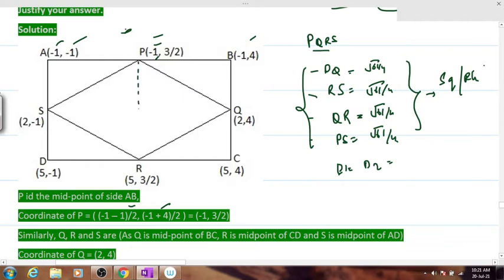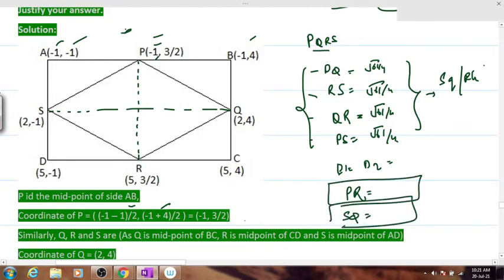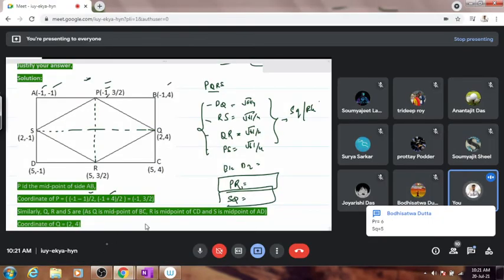You'll say, so what is diagonal 1? Diagonal 1 is PR. And diagonal 2 is how much? SQ. Tell me if both the diagonals are equal or not. Then tell me the conclusion. PR is 6 and SQ is 5.